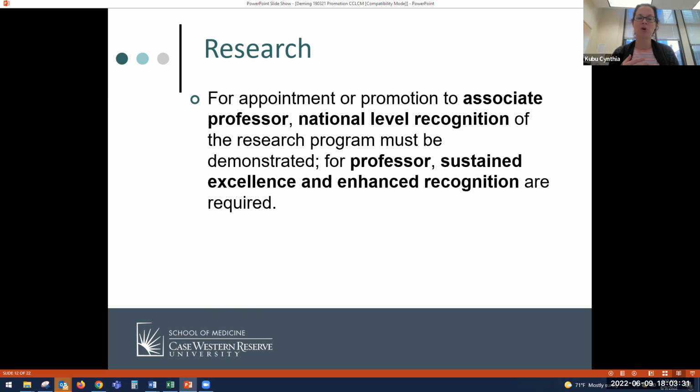And then for promotion to professor, you must have that sustained excellence and enhanced recognition. So the abbreviation is national reputation for associate professor, international reputation for professor. But again, based on what you did with your application when you were appointed at associate professor, you should be doing more, right? It's just an element of growth, and we're going to focus on those additional contributions.